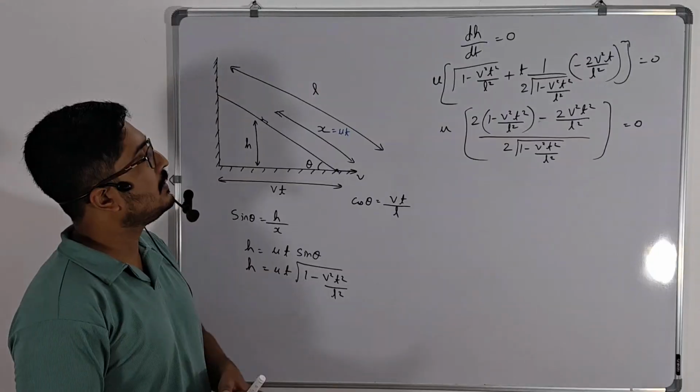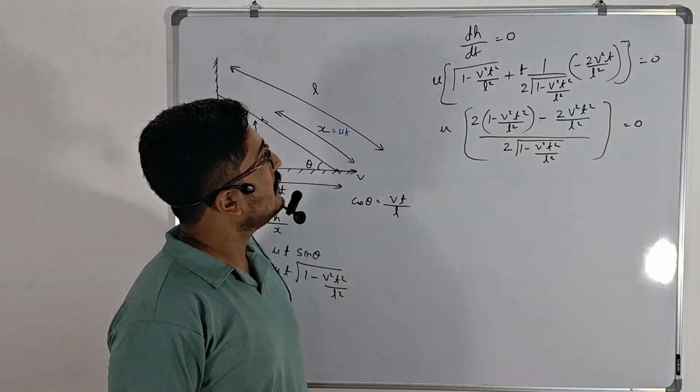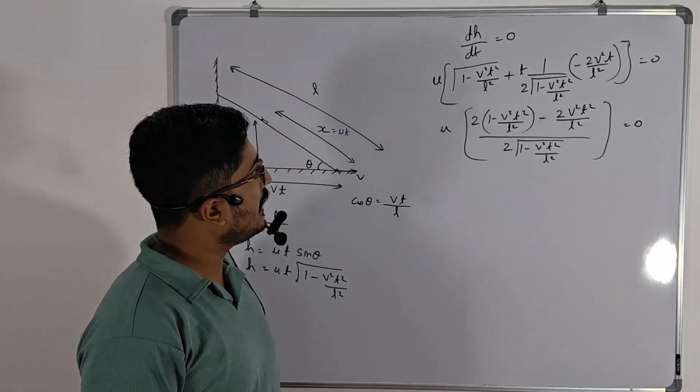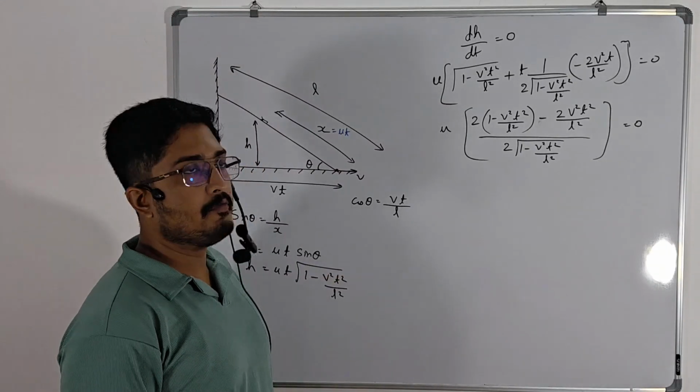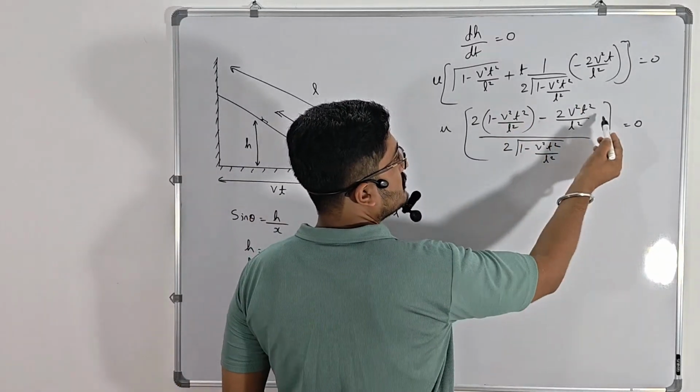Okay, so just checking the calculation, 2 times of 1 minus v square t square by L square minus 2 times v square t square by L square. Correct. Now if this has to become 0, the possibility is that the numerator should become 0.